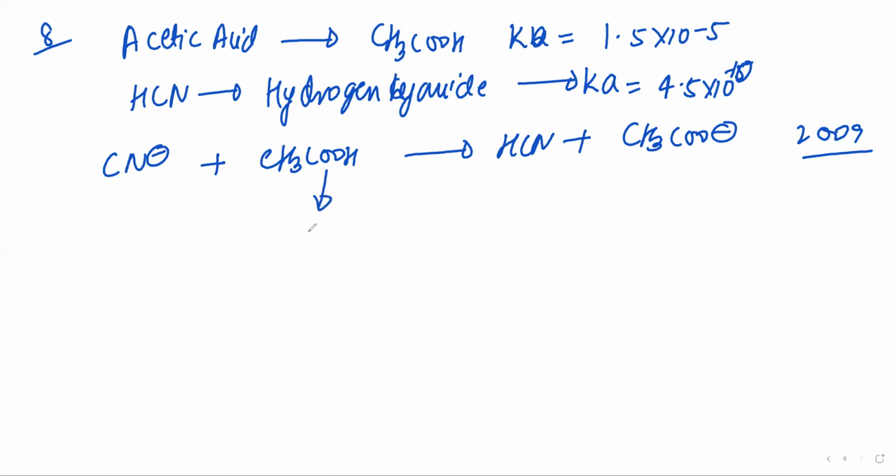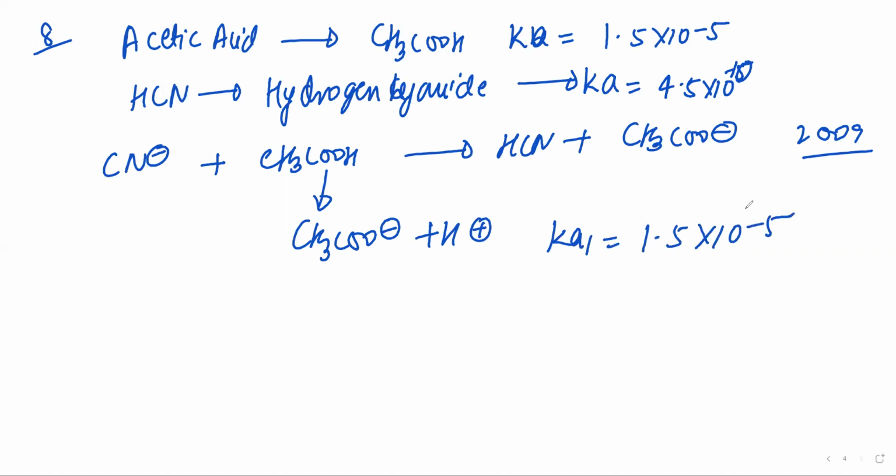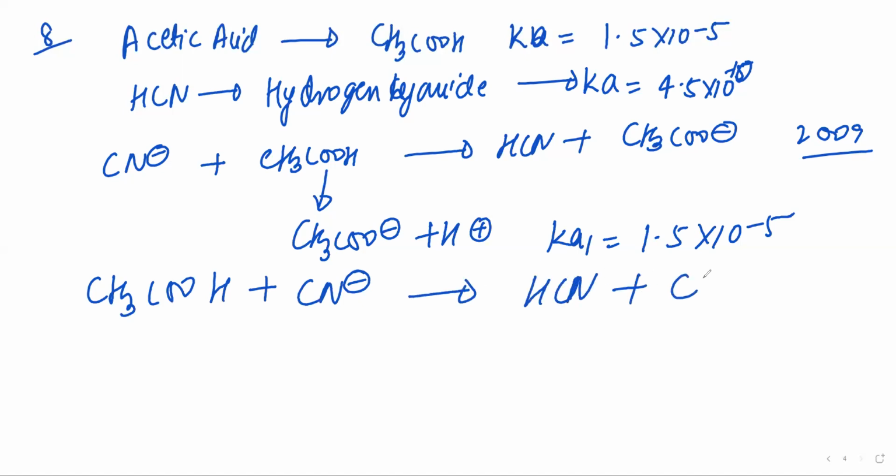So acetic acid will dissociate like CH3COO minus plus H plus, right? So the K1 value is given, that is 1.5 × 10^-5. In a similar manner, CH3COOH, acetic acid, will consume CN minus and dissociate into HCN plus CH3COO minus.